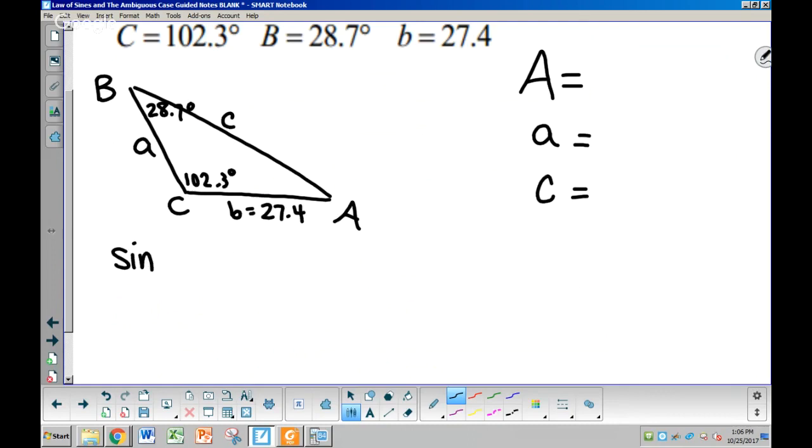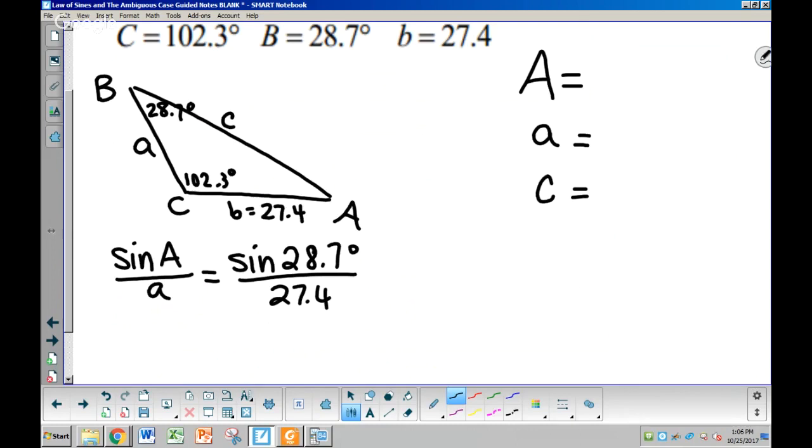So the sine of A, do I know angle A? I mean I could find out really quickly, but I wasn't given that. So over little side A, I wasn't given little side A, equals the sine of B, which is 28.7 degrees, over little b. Oh, I was given little b, right, which is 27.4, equals the sine of C, which I was given 102.3 degrees, over little side C.